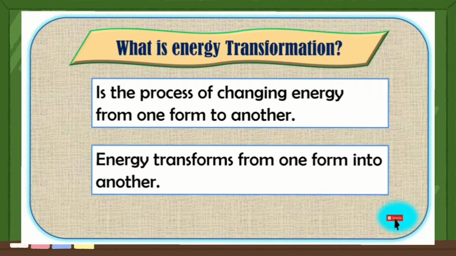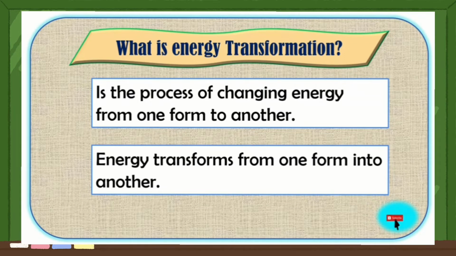Now let's discuss our lesson this afternoon. What is energy transformation? Okay, so it is the process of changing energy from one form to another. So it is just only changing from one form to another. Could be from electrical to mechanical, from chemical to heat, and any other forms of energy.